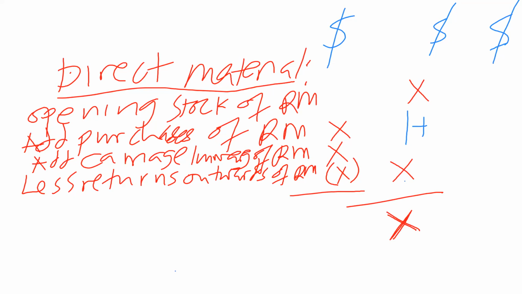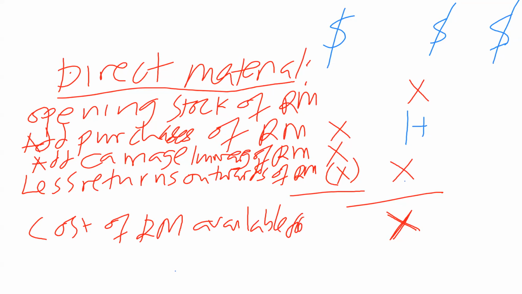And this figure that you have, you're going to name it the cost of raw materials available for use. Let me just write RM, but you should be writing it in full. Raw materials available for what? For use. That is the figure. Is that clear? It's found by adding the net purchases to the opening stock.